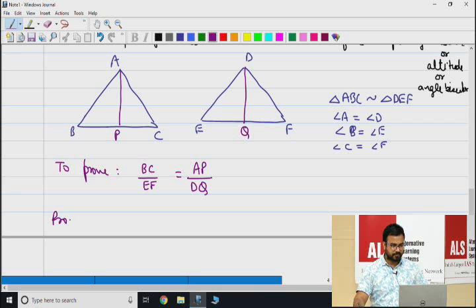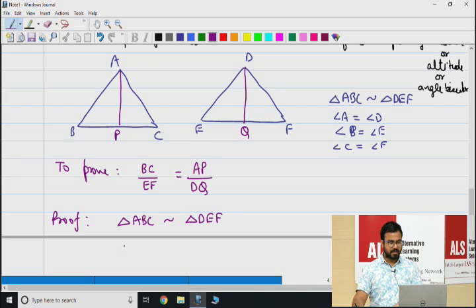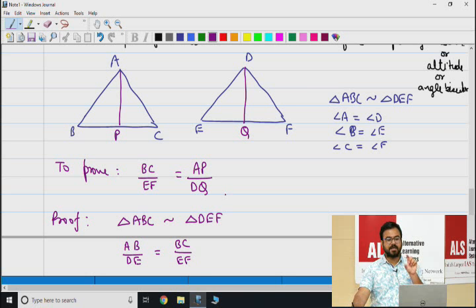Proof. We already know that triangle ABC is similar to triangle DEF. So we can say AB over DE is equal to BC over EF. We also know that AP and DQ are the medians. If this is the median, it means this point P is the midpoint and Q is also the midpoint.